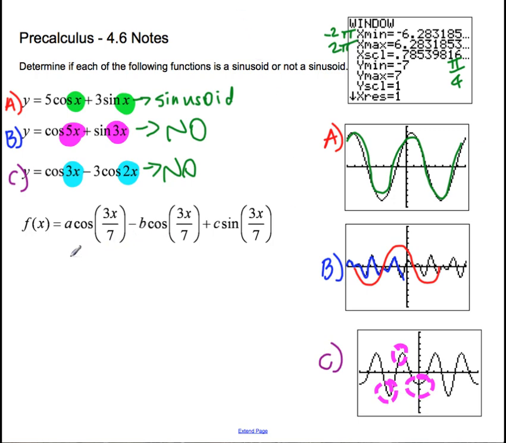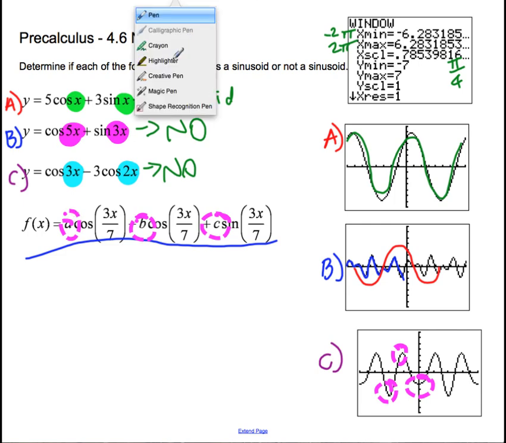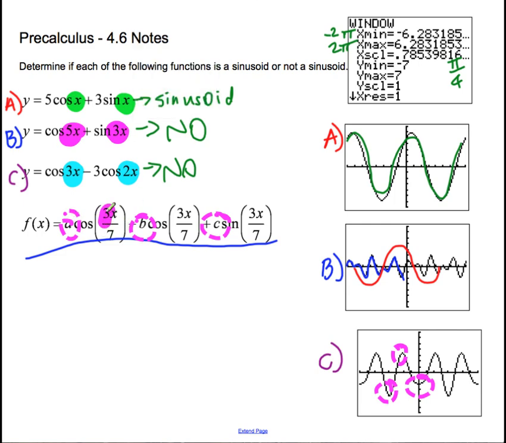And so look down here on this last guy. It's got all these weird things going on. It's got A cosine 3x, B cosine 3x, C. So A, B, and C, I mean, I don't know what to do with these. I can't graph these on my calculator and look at them. Oh no, right? Well, no, don't panic, because what you can do is just come in here and look at the middles. What's going on in the middle? What's the period on all these guys?